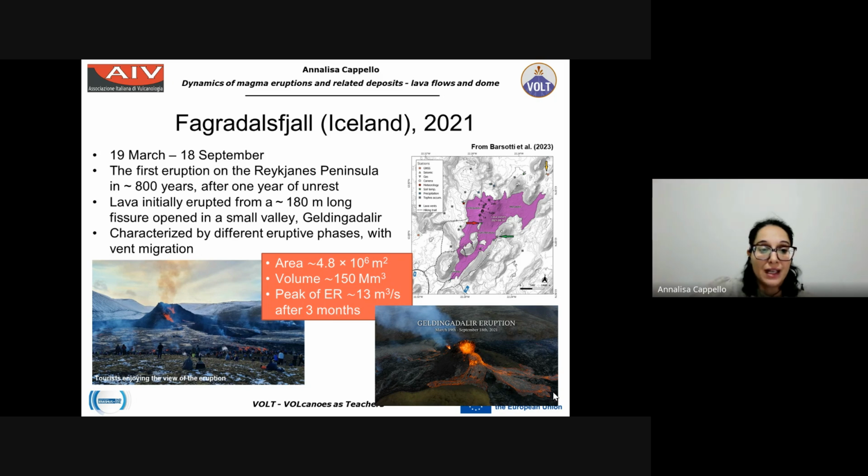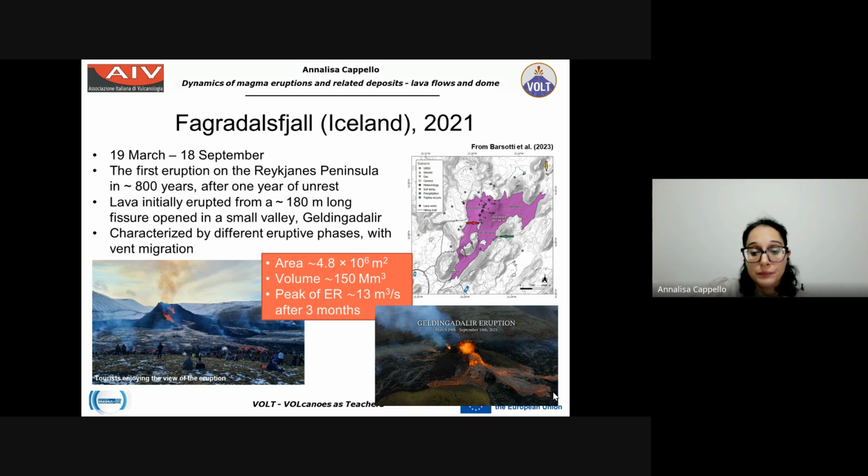It is very unusual that people are killed by lava flows. On the contrary, explosive eruptions and pyroclastic density currents can be very, very dangerous from this point of view.